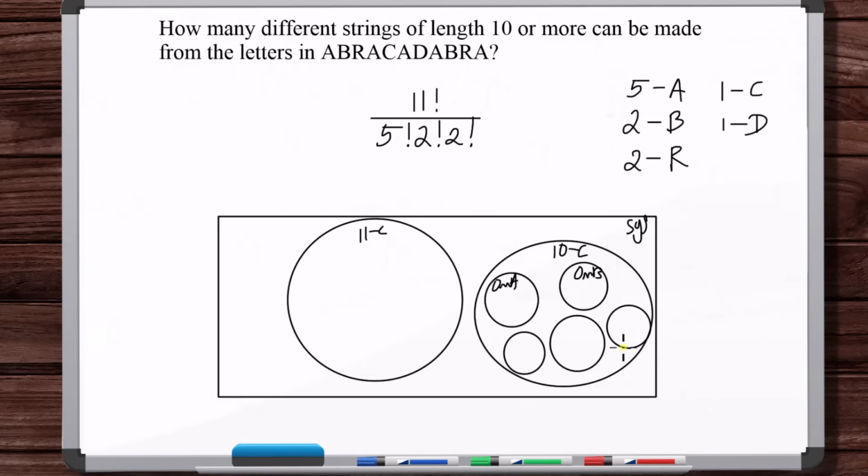If you're not sure, then go ahead and assume they're overlapping and write it all out, the whole union formula. But we can just think about this. Order matters. So for these strings, if we omit an A, then we're going to have 4 A's, 2 B's, 2 R's, a C, and a D. Well, none of those are going to overlap with when we omit a B, because for all of these, we're going to have 5 A's. So all of these are going to be different.